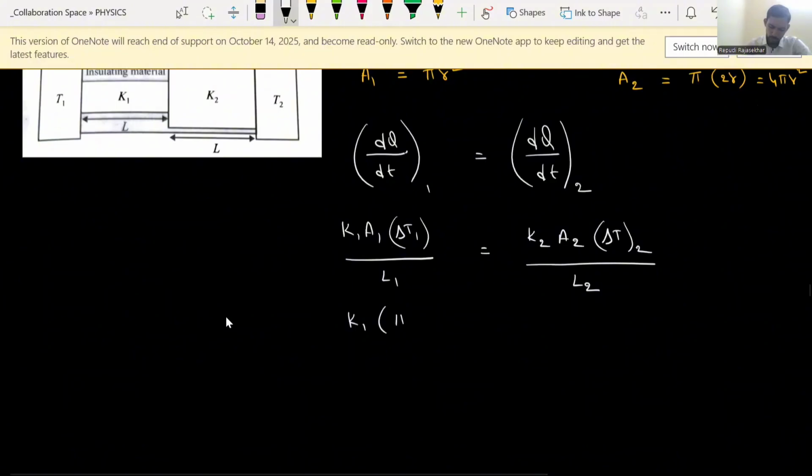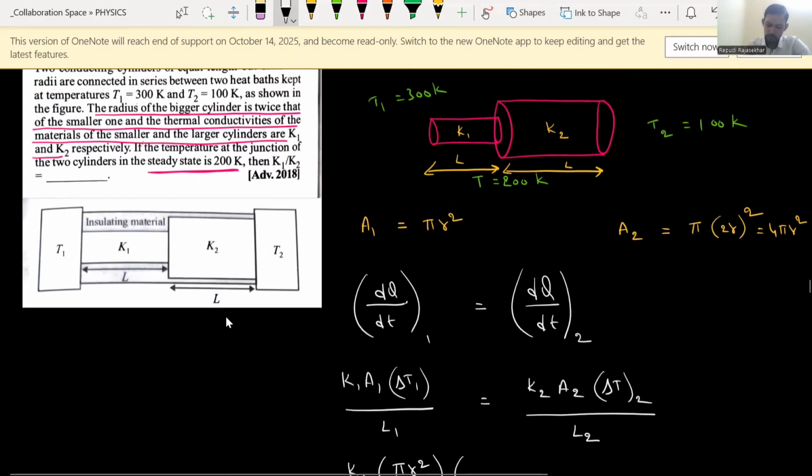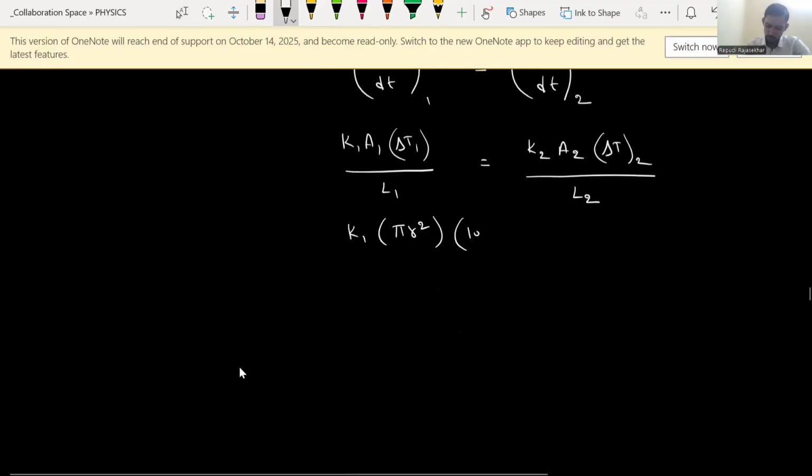A1 value is how much? Pi r square for the first rod. What is the temperature difference for the first rod? One end is having 300 Kelvin, other end is having 200 Kelvins. So temperature difference for the first rod is 300 minus 200, that is 100, all divided by length of the rod L, equals K2.